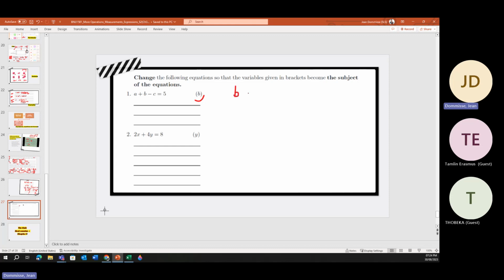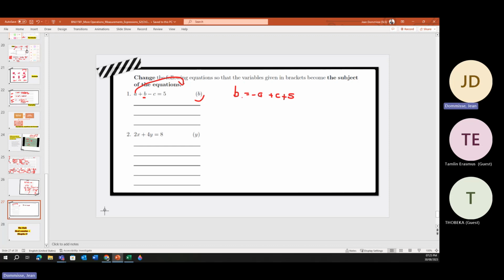So if b is my subject, I keep b on this side and I move just everything to the other side. So the 5 stays there. I need to move that to the other side. So a becomes a minus a on the other side. The minus c becomes a positive c on the other side. So that is all that you do.